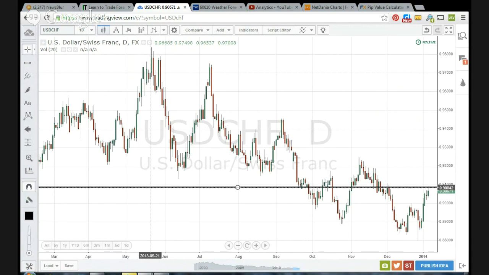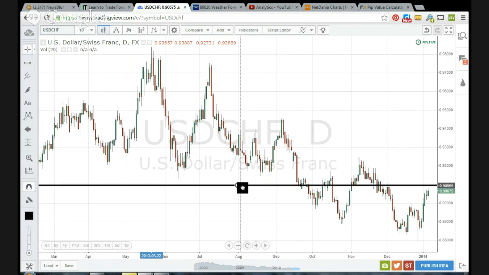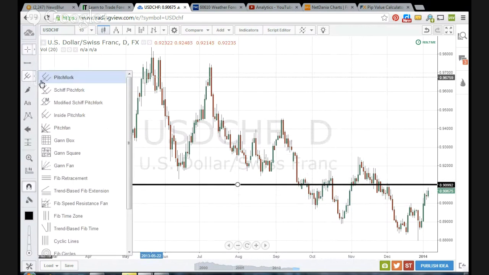Okay, we are at a support level that I find interesting. You could argue somewhere in this range, there's some interesting things going on. So right around that level. Let's see what Fibonacci tells us.